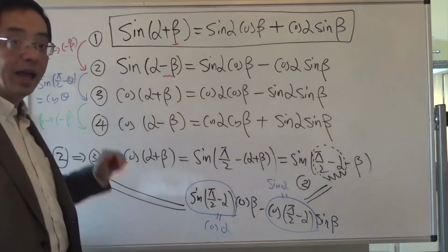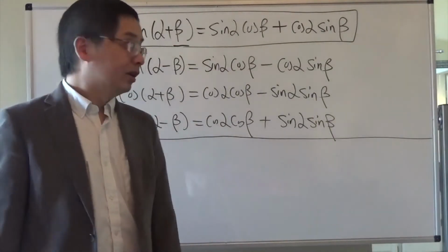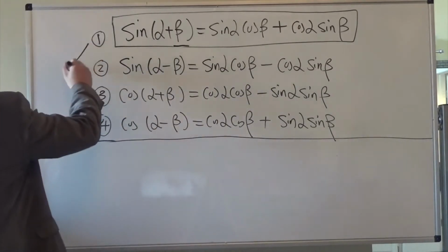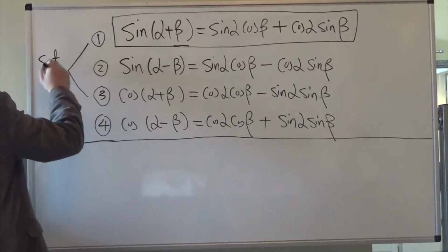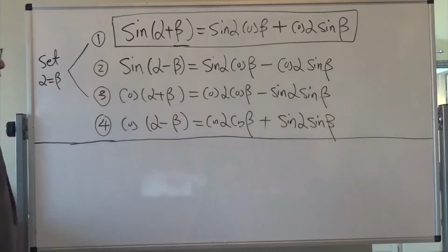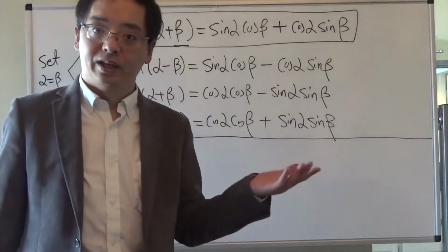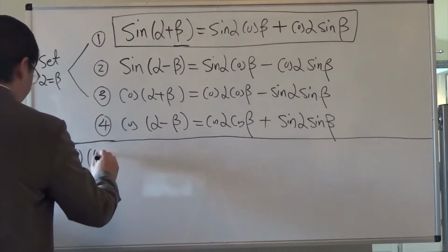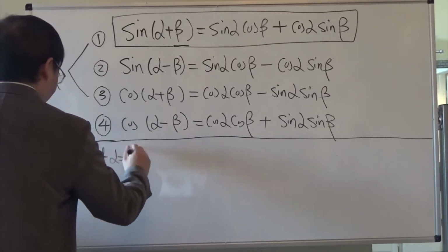Now, in 1 and 3, let's set alpha equals beta and see what we can derive. In 1, let alpha equals beta.